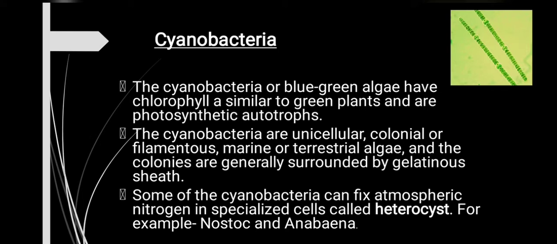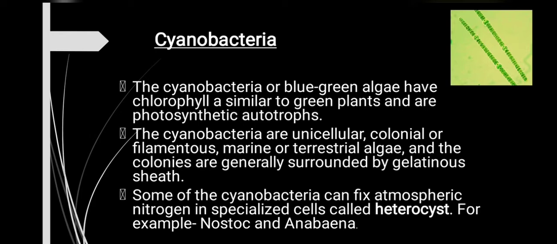So that's the general characteristics of cyanobacteria. And some of the cyanobacteria are able to fix atmospheric nitrogen. That is, they are able to absorb the inorganic forms of nitrogen and convert it into organic form so that it is released into the soil and can be absorbed by the plants. In order to fix nitrogen, they have specialized cells called heterocysts.